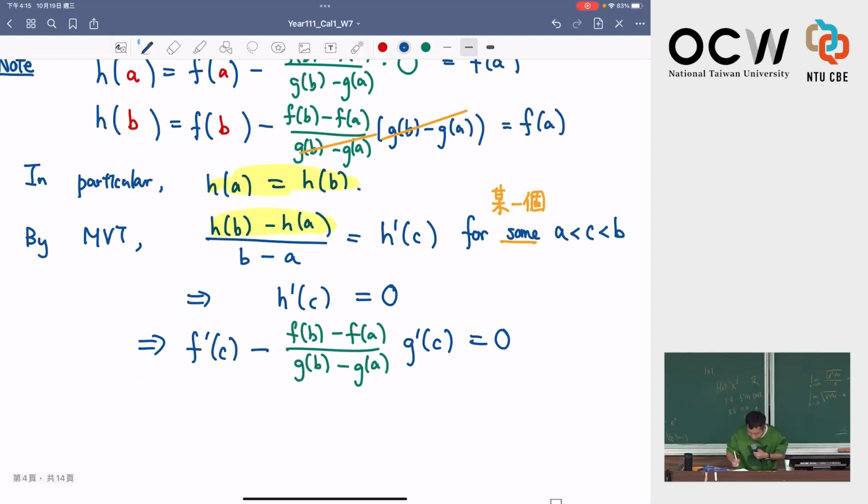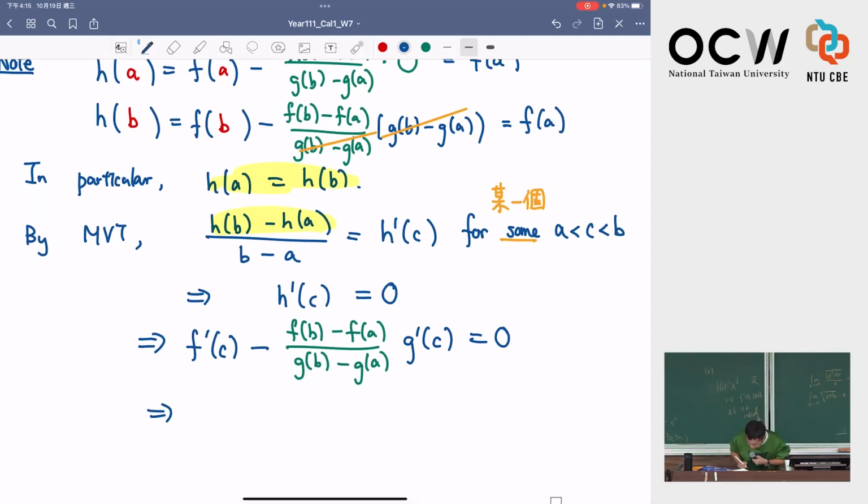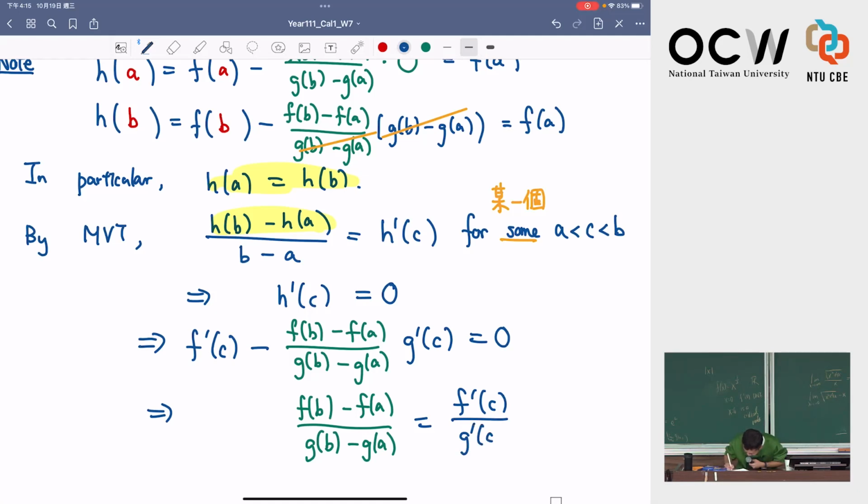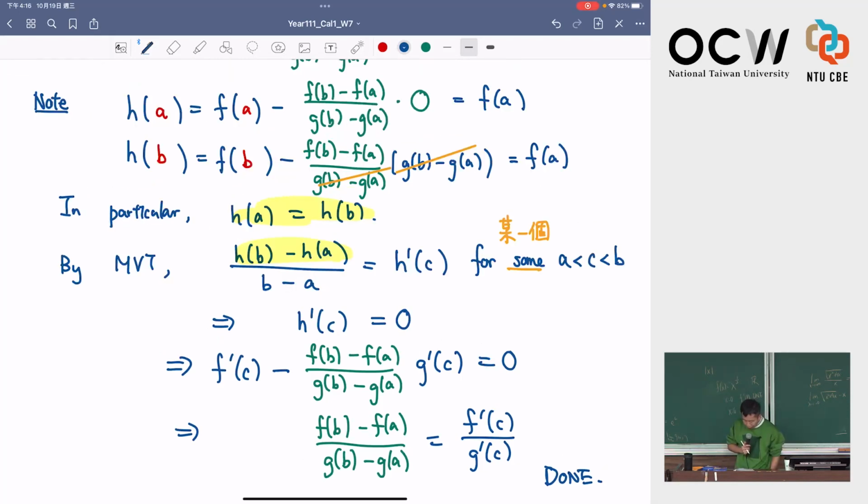Now after you rearrange, you get this horrible fraction becomes your dream, that is f prime c over g prime c. And we're done. This is the Cauchy MVT. So why do I mention the Cauchy MVT here?